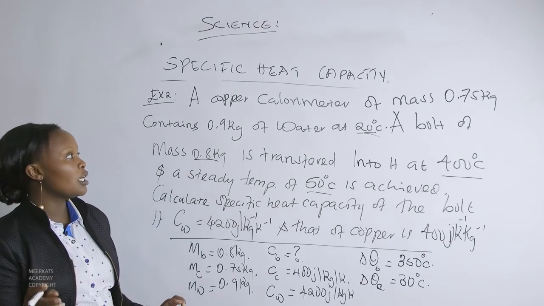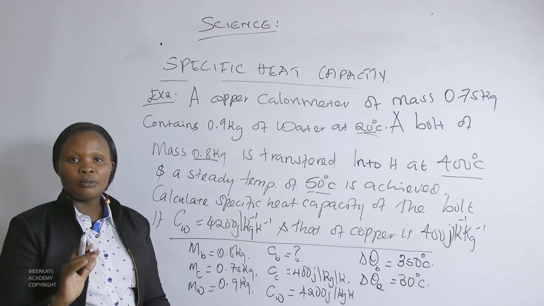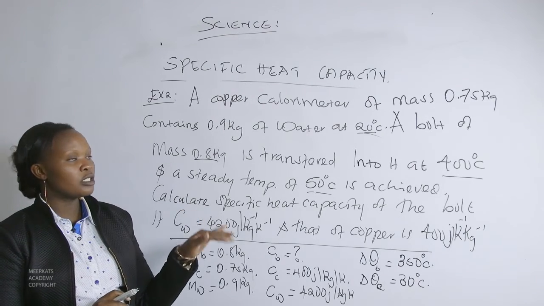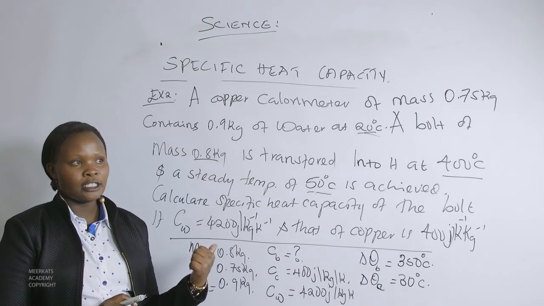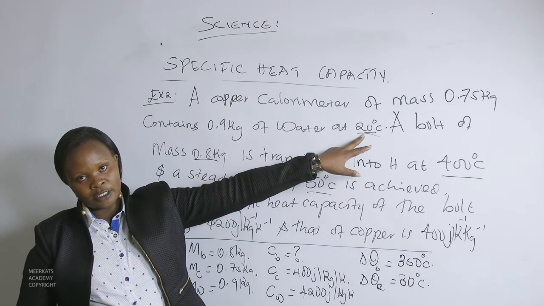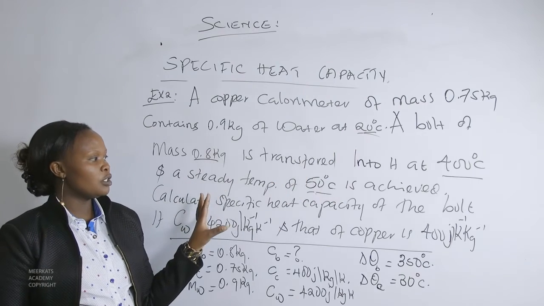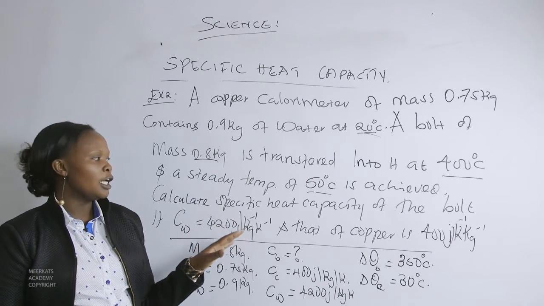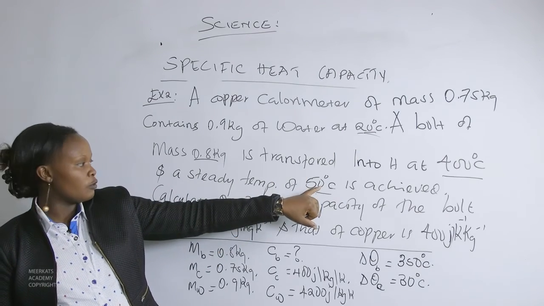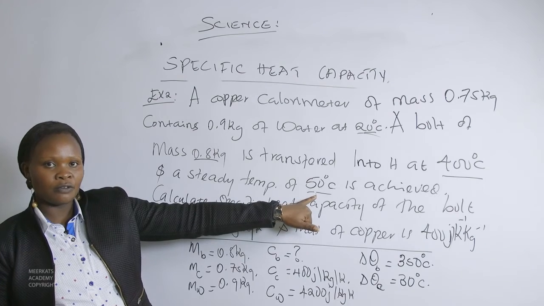Remember, we were told that initially the calorimeter as well as all it contained had an initial temperature of 20. Now, after putting the bolt into it, a final temperature of 50 is what we achieve.